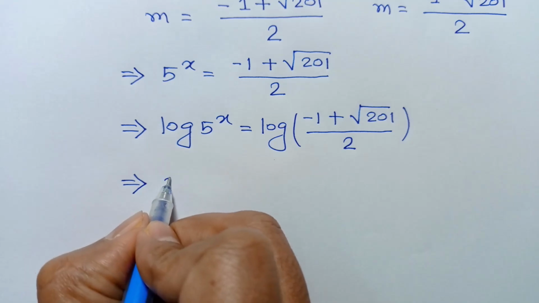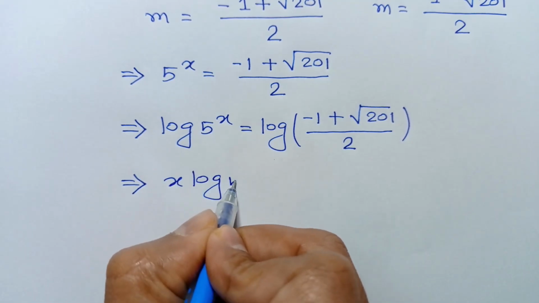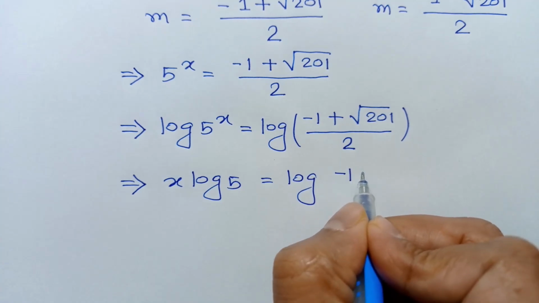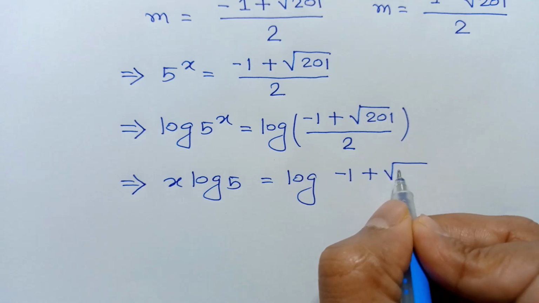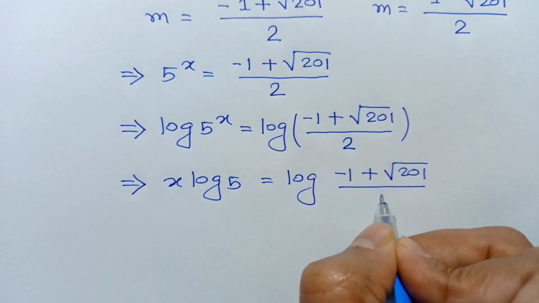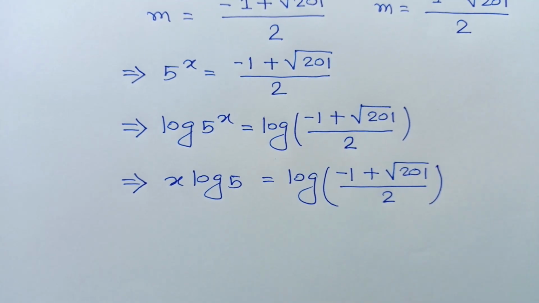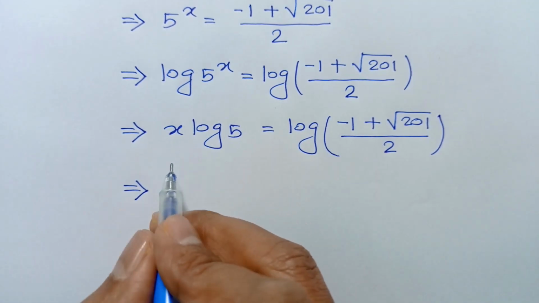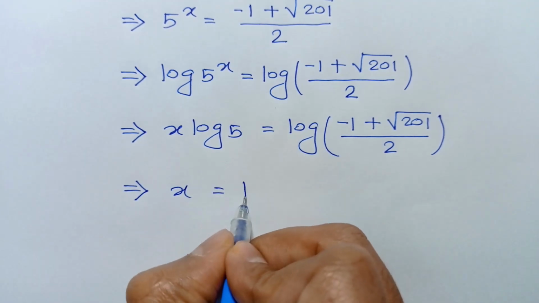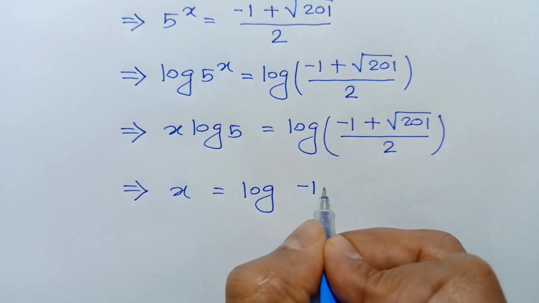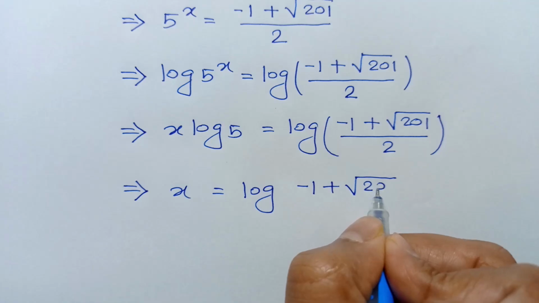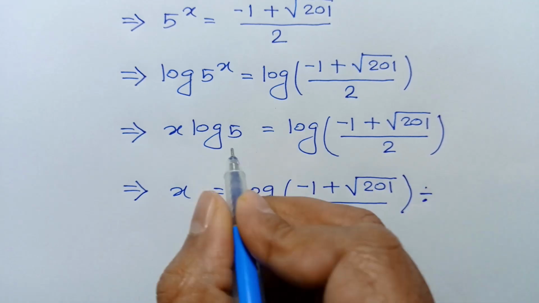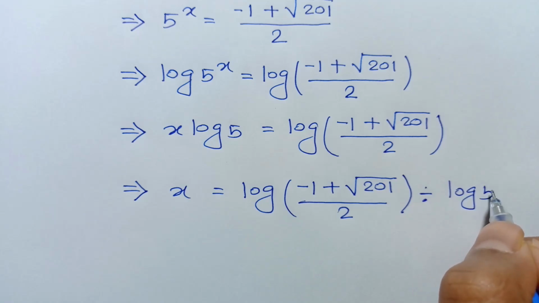So applying this, we can write x log 5 is equal to the right side, log of negative 1 plus square root of 201 over 2. Dividing both sides by log 5, we can write x is equal to log of negative 1 plus square root of 201 over 2, divided by log of 5.